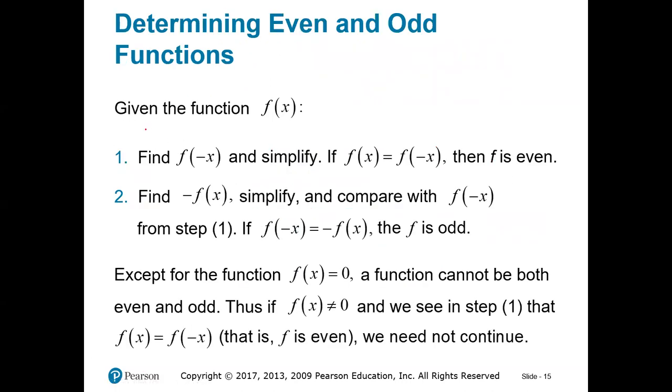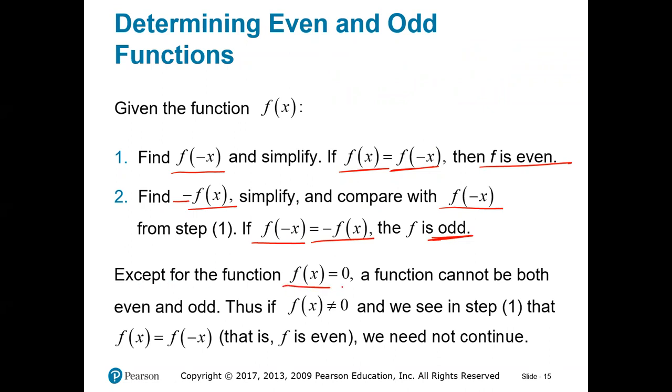Now, it says, given this function f of x, we're going to find f of negative x. So this means that if f of x is equal to f of negative x, then we have an even function. If I say negative f of x, simplify and compare it with f of negative x from step 1, and we get f of negative x is equal to negative f of x, then that's odd.